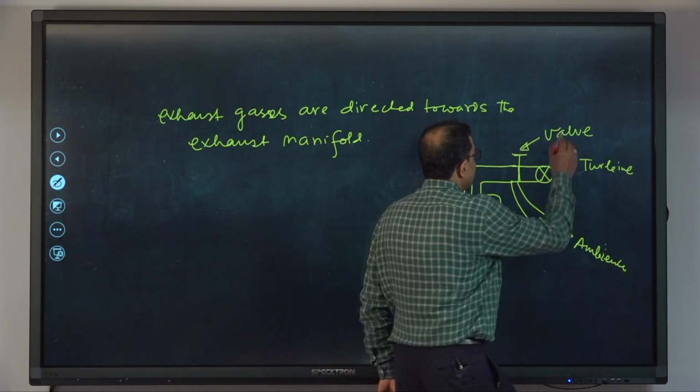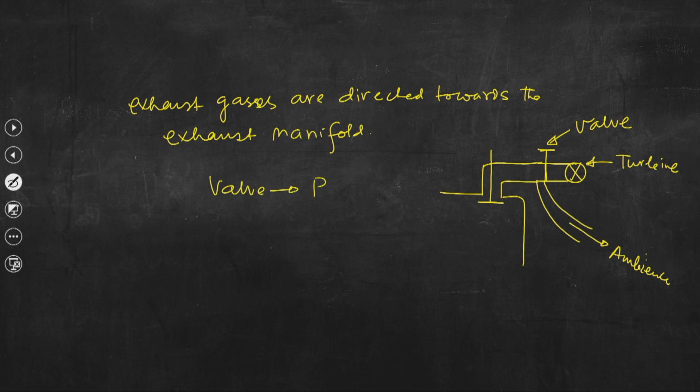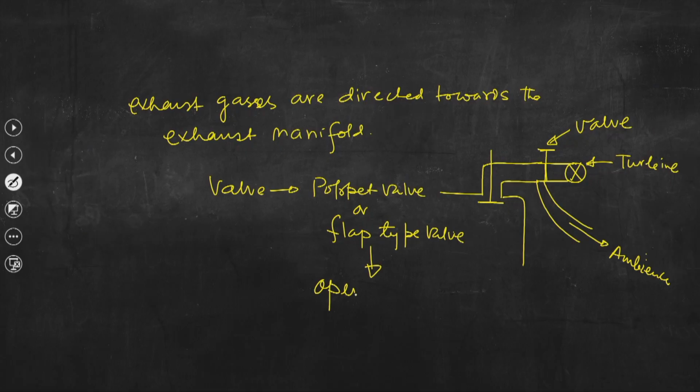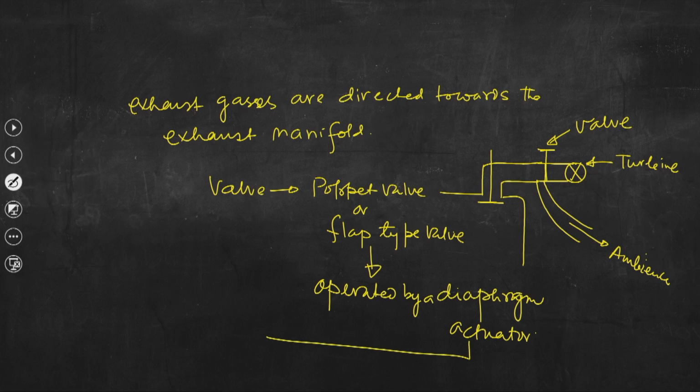So, the valve is either a poppet valve or a flap type valve, it is operated by a diaphragm actuator, and the diaphragm actuator is controlled by the exhaust gas pressure.